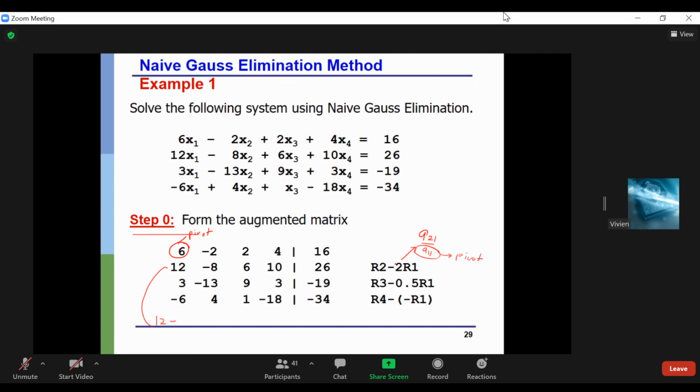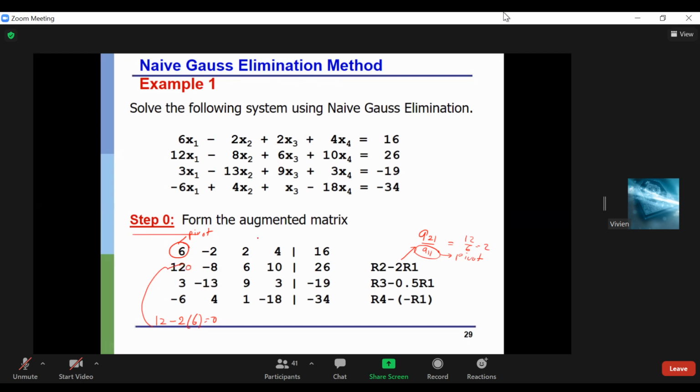Because this one is 12 over 6, that will be 2. So R2 minus 2 times the first row, which is 6, will be 0.